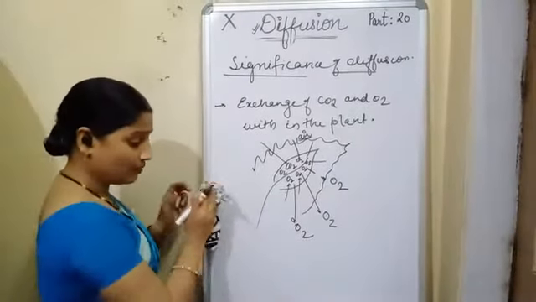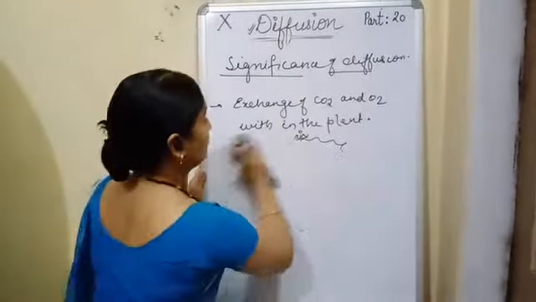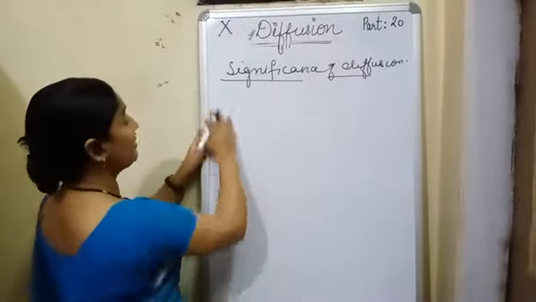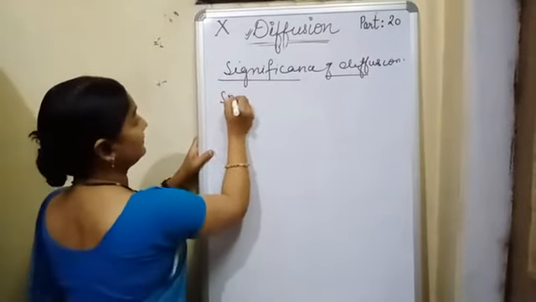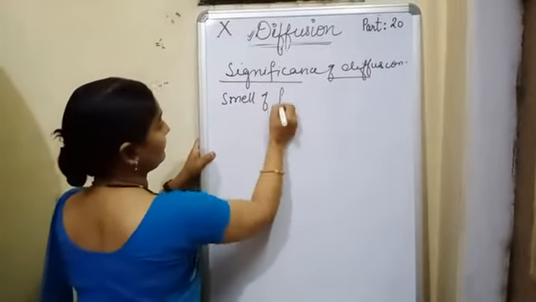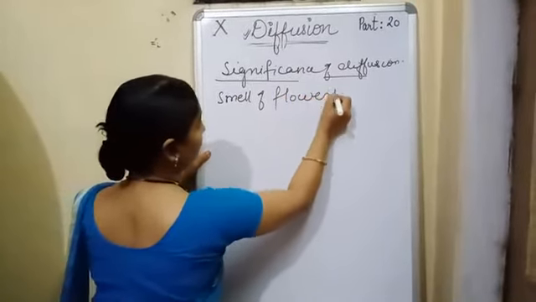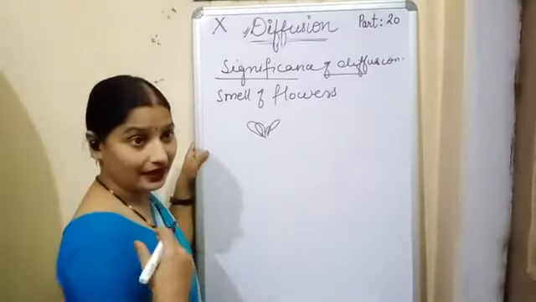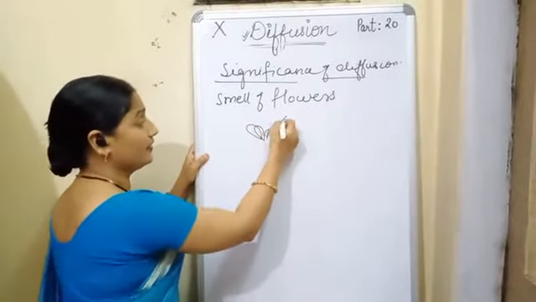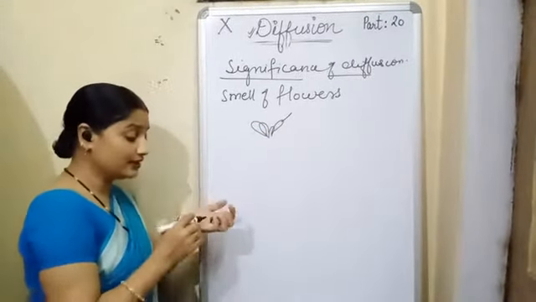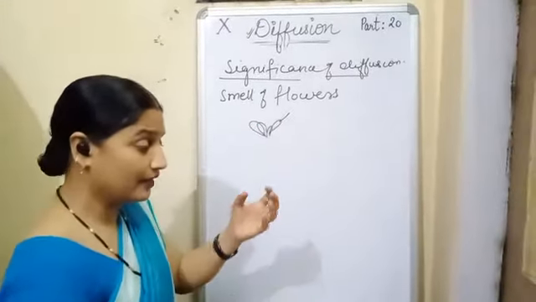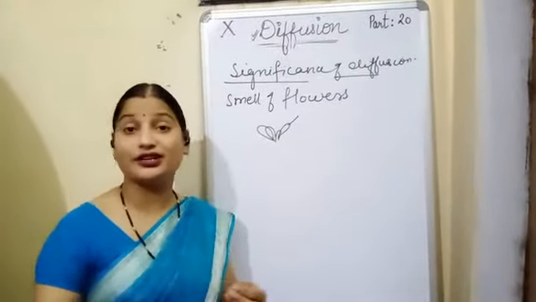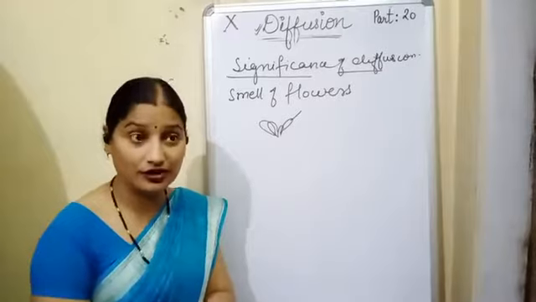Now, one more significance is the smell of flowers. We all know that the flowers and petals attract the insects, and flowers have a nectar gland which secretes a chemical.